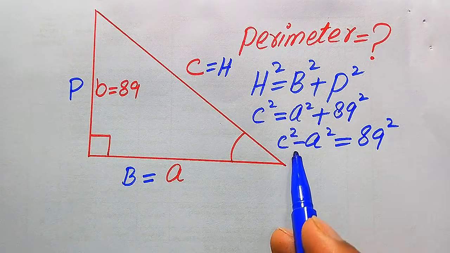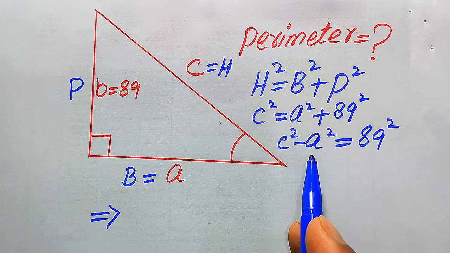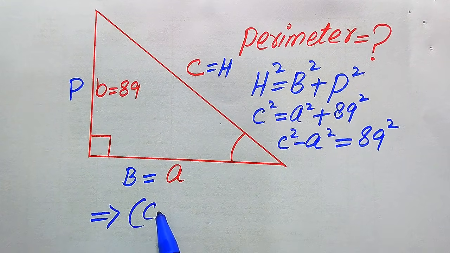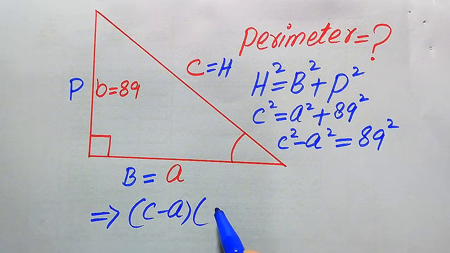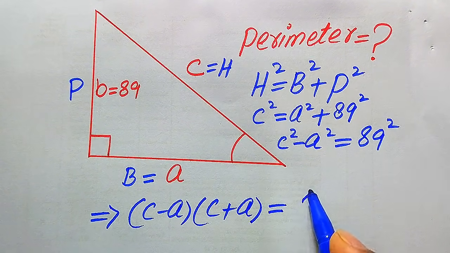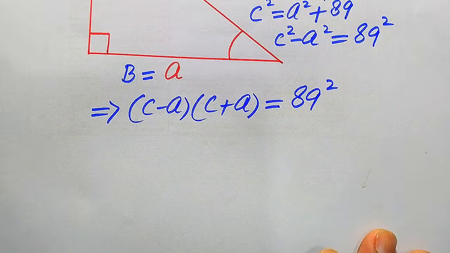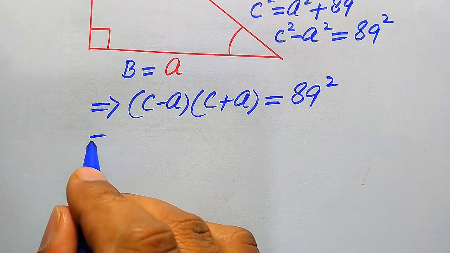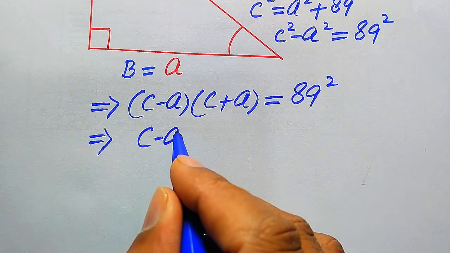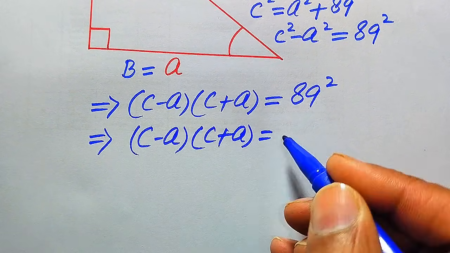Further, in the left hand side we have a nice algebraic formula. We know that c squared minus a squared equals c minus a times c plus a, which equals 89 squared.